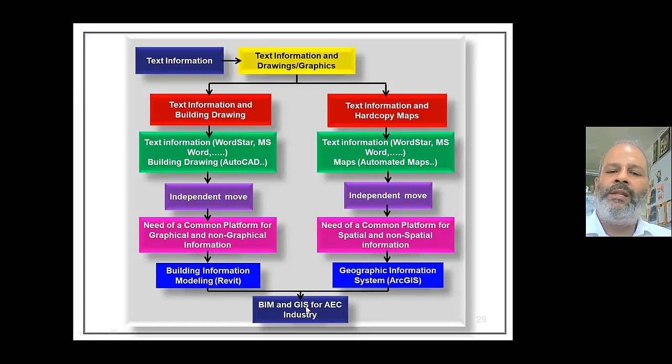Mainly there are so many analyses which can be carried out, mainly to understand how to develop an executable plan, how to make construction sustainable, or how to make the life cycle of a particular building sustainable.